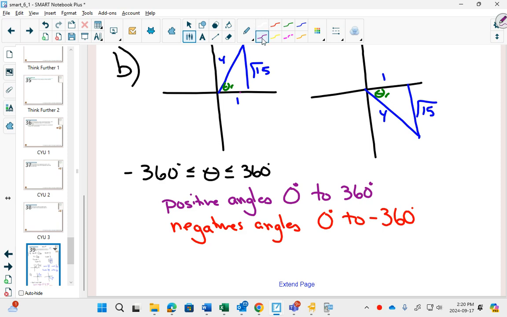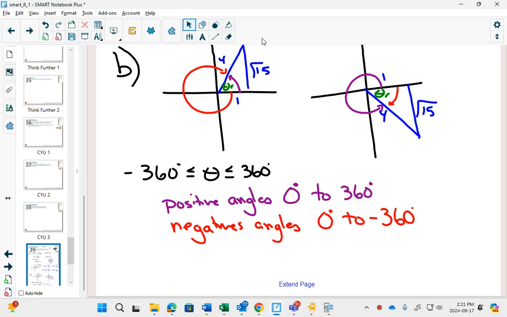And if I went once around, that would include this angle there, and in the positive direction, this angle there. In the negative direction, that would include this angle here, and that angle there. So I find when I'm thinking about negative angles, I'm still going 0 to whatever angle I need to go up to. I'm just going in the negative direction.